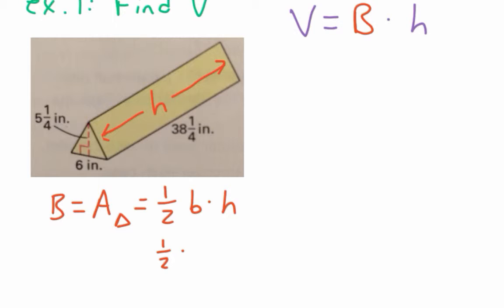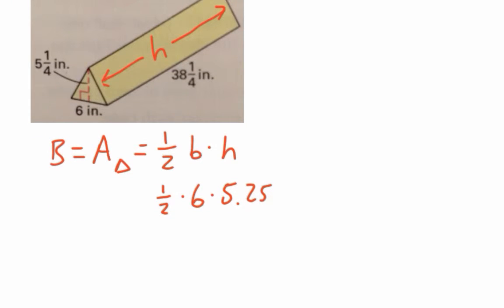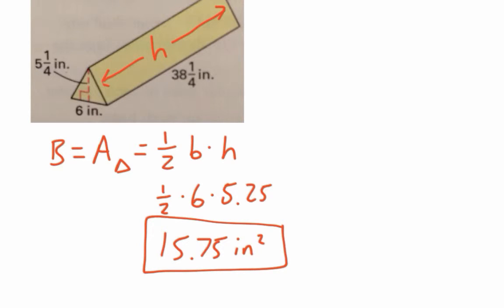So that works. I could put in base is going to be lowercase b, the length of the base, 6 inches times 5.25, or 5¼ inches. If I punch all that in, I end up with 15.75, and that'll be square inches because it's an area. We okay on the area?